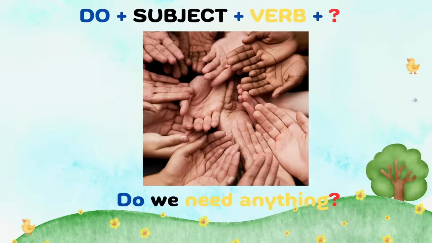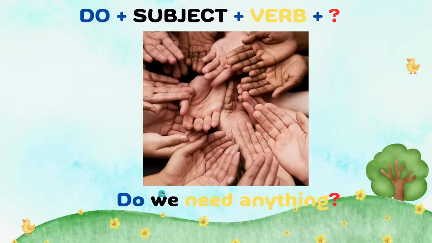Alright, another example for interrogative form using do. In the picture, we can see that they need help or they need anything, by merely looking at their palms or their hands. Since there are many hands here, it's plural, more than one. When we say we, it's more than one, of course.